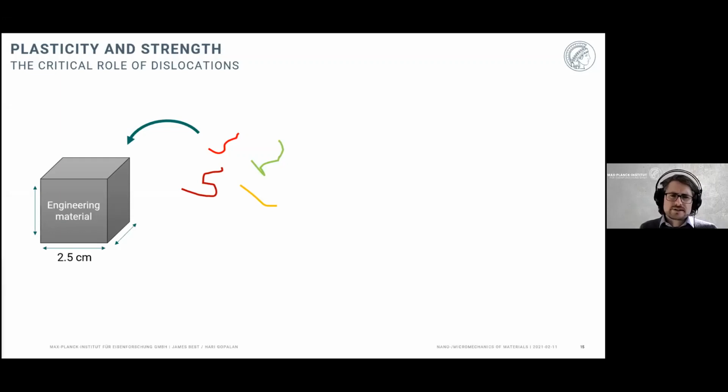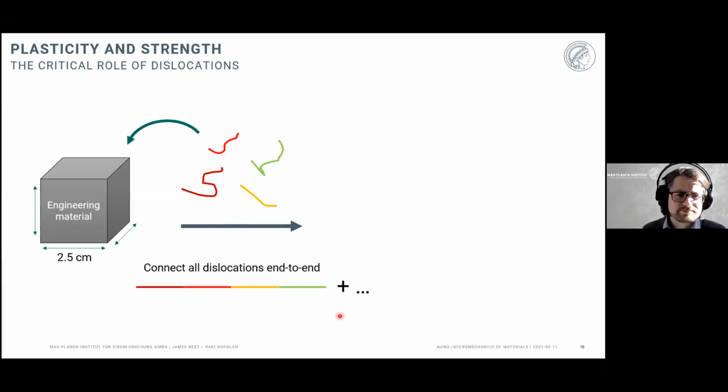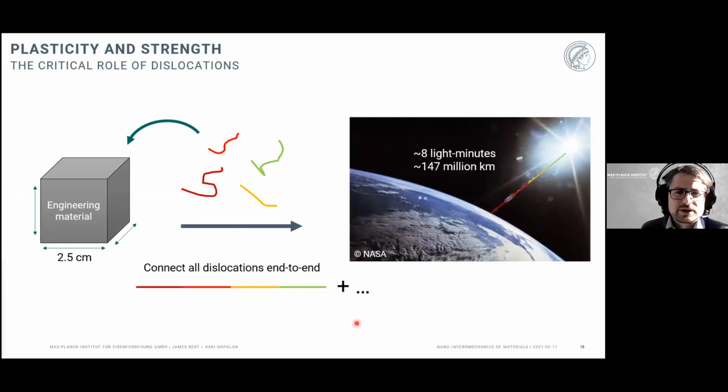And as we've discussed, we have defects or dislocations within these engineering materials. If we take all those dislocations and connect them end on end in this tiny little cube of material, we find that that chain of dislocations would reach from the surface of the Earth to the surface of the Sun, which is approximately 147 million kilometers, a significant distance to cover.